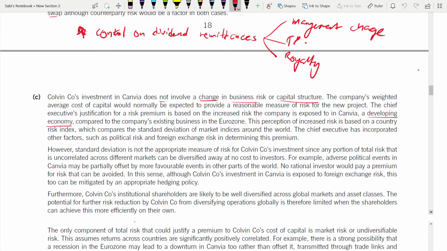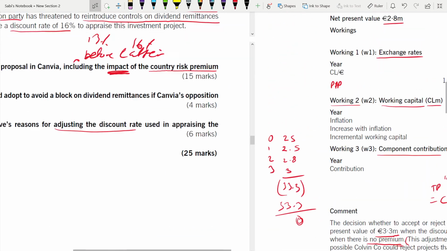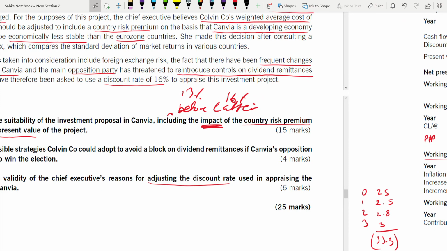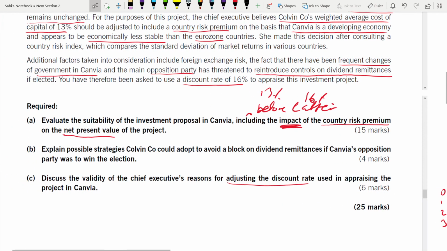The country risk index. They are not just saying this because it is developing. They are saying this based on some sources. Country risk index. They have mentioned it in the case study, but you cannot use it if they haven't mentioned it. You have to use it if it's mentioned in the case study. Otherwise, you should say that much information is not there and further investigation is required.